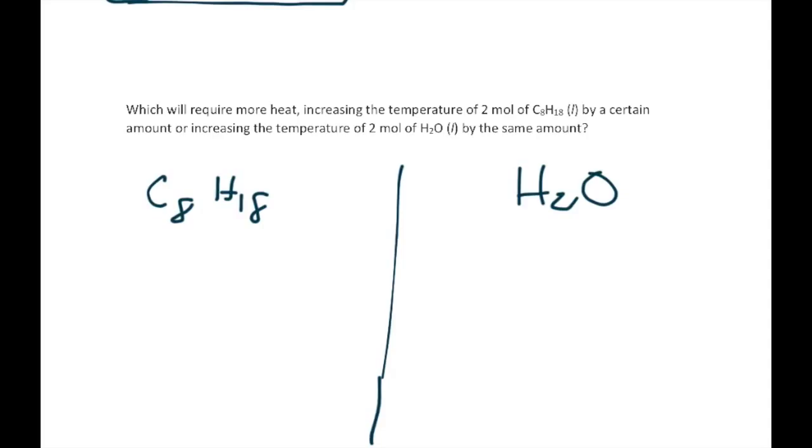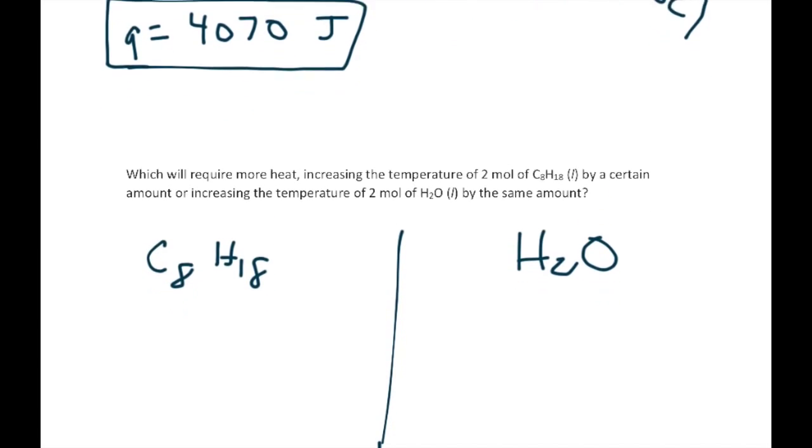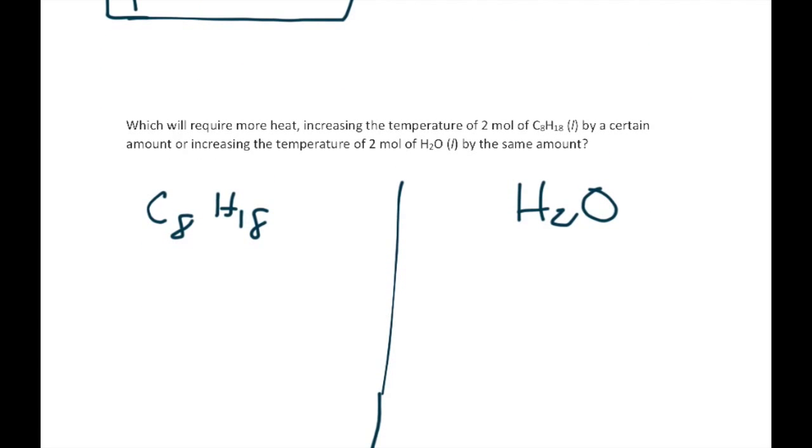Okay? So for the molar heat capacity of C8H18, we'll need to use that number given above, 2.22 joules per gram Kelvin, but we also need the molecular weight of C8H18 because we need to compare moles to moles. Okay, so the molecular weight of C8H18 will be 8 times 12.01 plus 18 times 1.01.